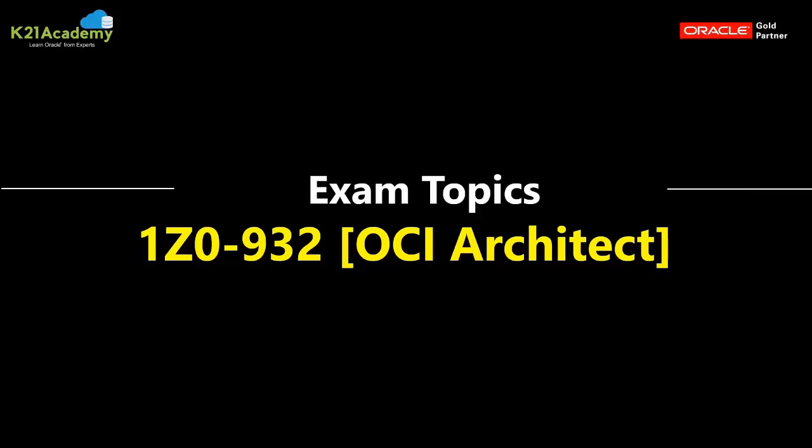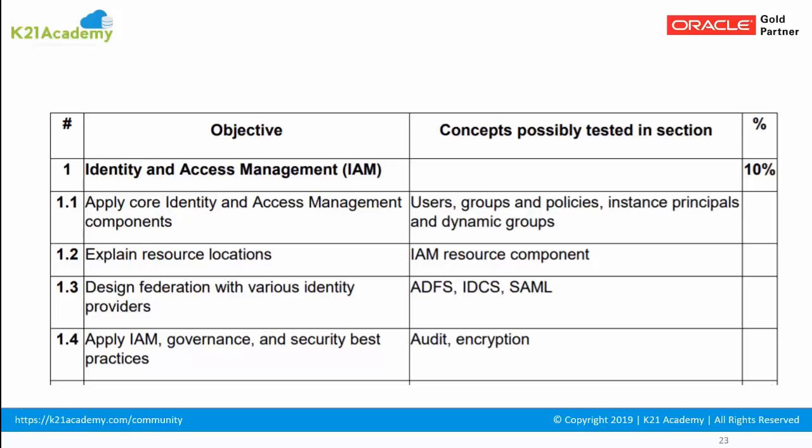Now let's look at the detailed exam topics: what these 5 main topics are, what you must learn, and the percentage of each topic that you can expect in the exam. The first topic is identity and access management, and that carries roughly 10%. You need to know things like user management, users, groups, identity and access management policies, and then some part is for advanced identity and access management.